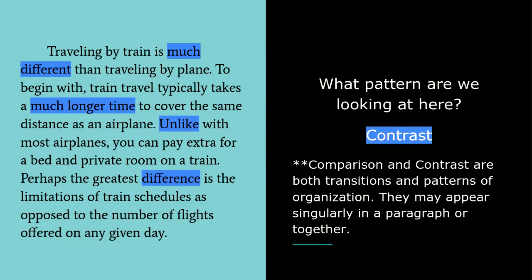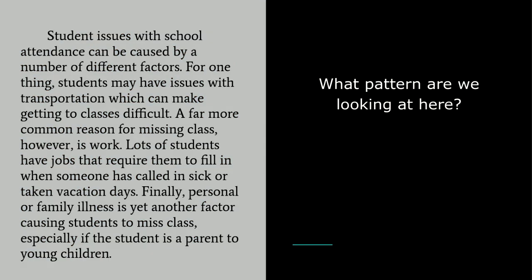Here's one more. Student issues with school attendance can be caused by a number of different factors. For one thing, students may have issues with transportation, which can make getting to classes more difficult. A far more common reason for missing class, however, is work. Lots of students have jobs that require them to fill in when someone is called in sick or taken vacation days.